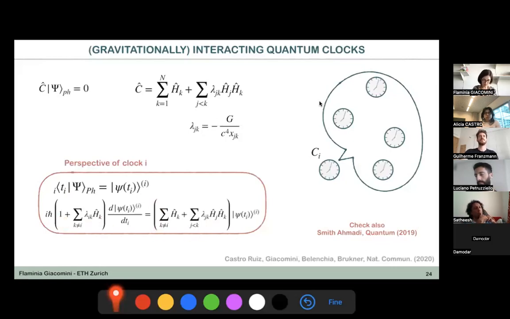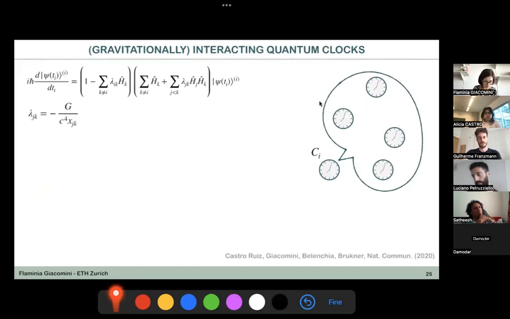So if you invert that, then you find instead a Schrödinger equation where you have this factor due to the gravitational interaction between clock I and all the other clocks, and some other Hamiltonian here.